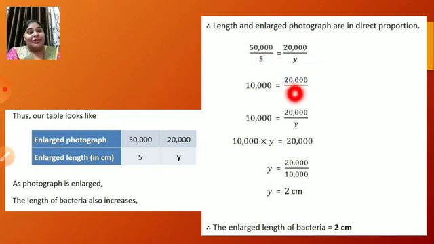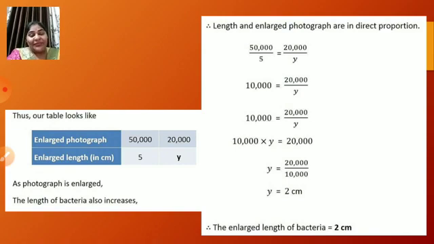So y will be equal to 20,000 upon 10,000, which is y equal to 2 centimeters. So the enlarged length of the bacteria is 2 centimeter. Very easy, children. When the quantities are in direct proportion, you just take the fraction x1 upon y1 equal to x2 upon y2, and whichever is the unknown quantity, you solve it.